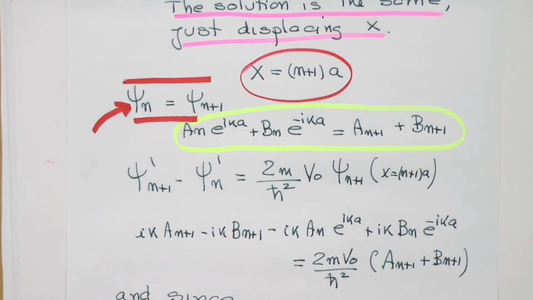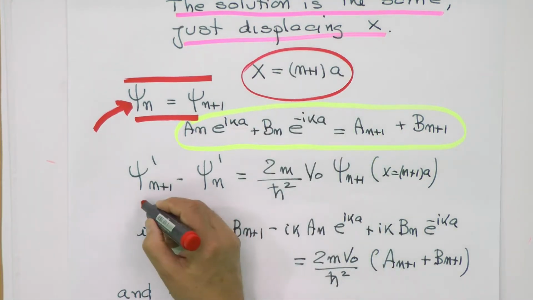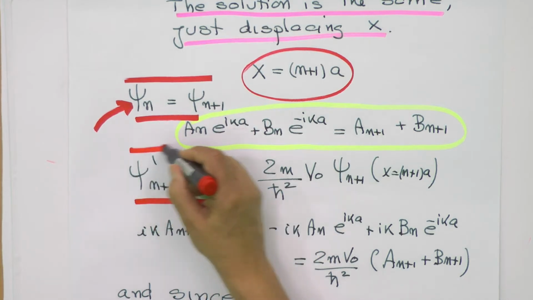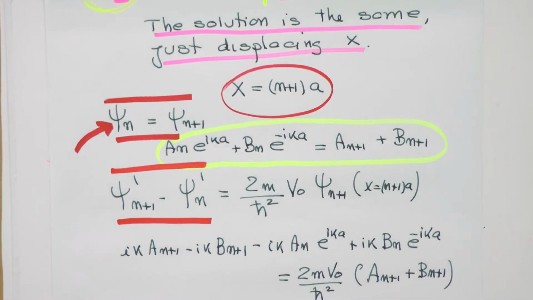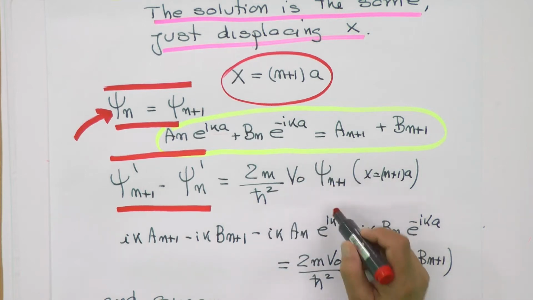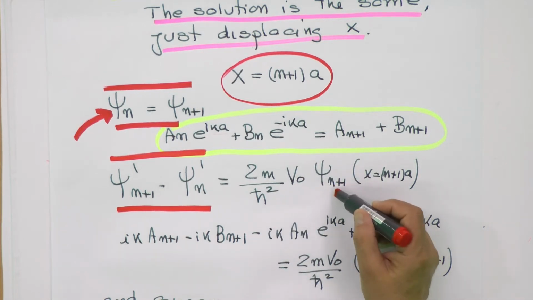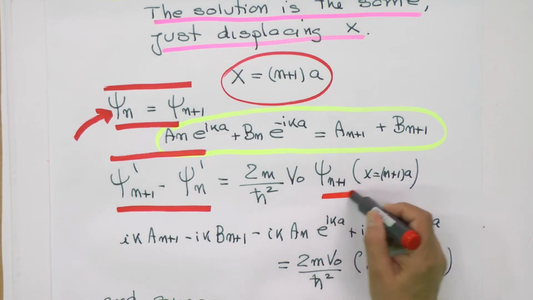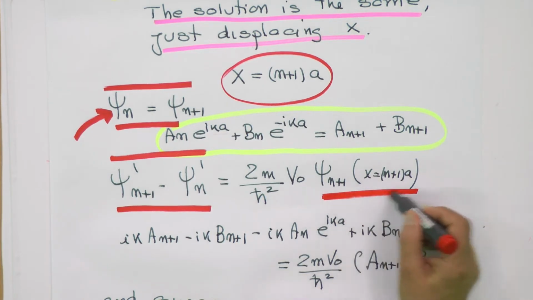Now we have to do the same with the derivative. And we already saw that the derivative in that frontier has a discontinuity. The discontinuity is 2m divided by h bar squared, v0 times the value of the psi n plus 1, which is the wave function in that precise position.